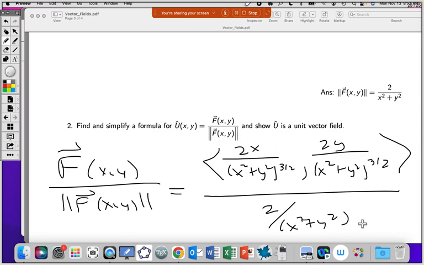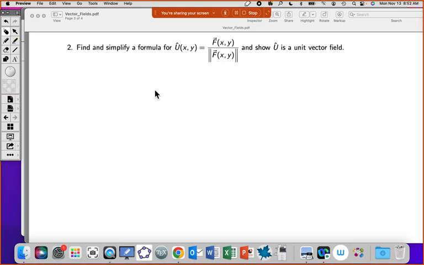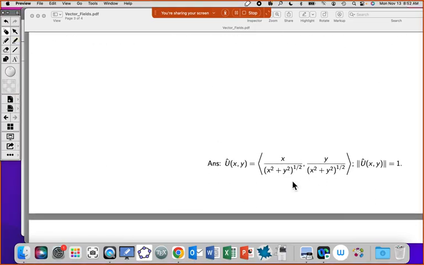How do you divide a vector by a scalar? You divide each what? You divide each component, right? So it goes component-wise. I'll leave that algebra to you to work through. That should be your direction field, and then you can confirm that it's really, truly magnitude 1.